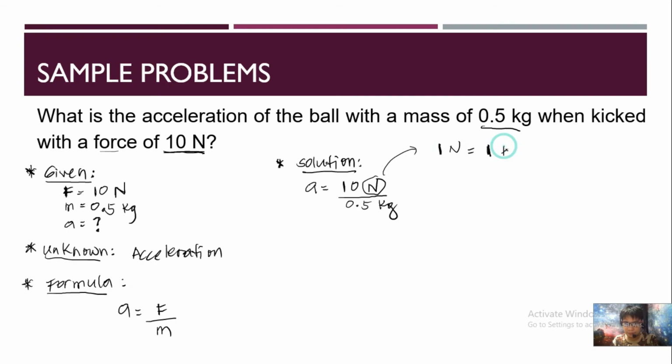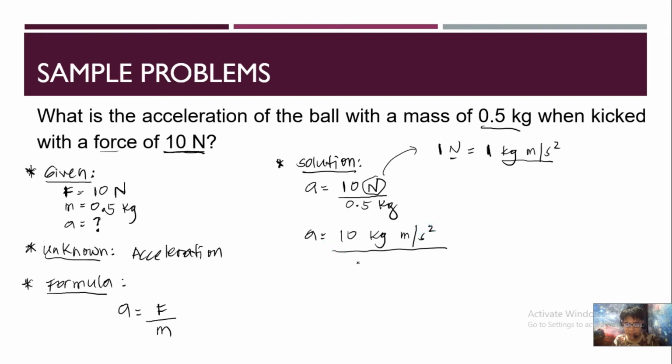So, we will change Newton to 1 kilogram meter per second squared. So, let's write here: 10 kilogram meter per second squared divided by 0.5 kilograms.